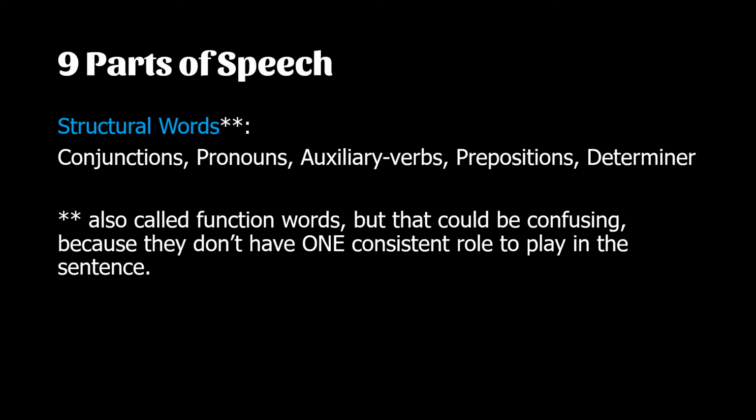There will be links to pronouns, auxiliary verbs, prepositions, and determiners in the show notes below the video. So structural words are also called function words, but that can be confusing because they don't necessarily act with only one function. So I prefer to think of them as having structure and having different roles to play in the sentence.